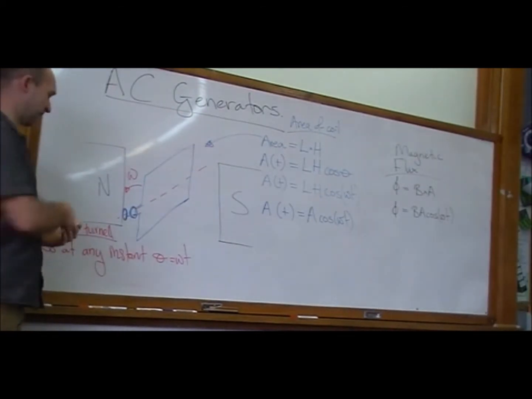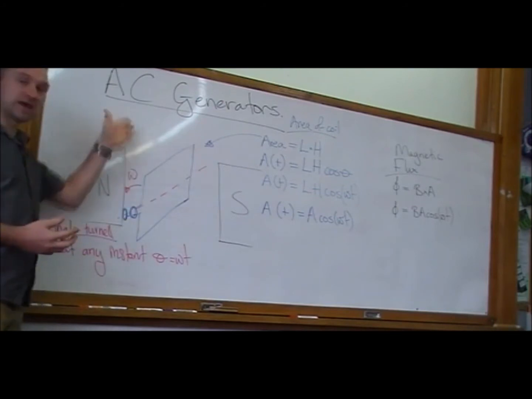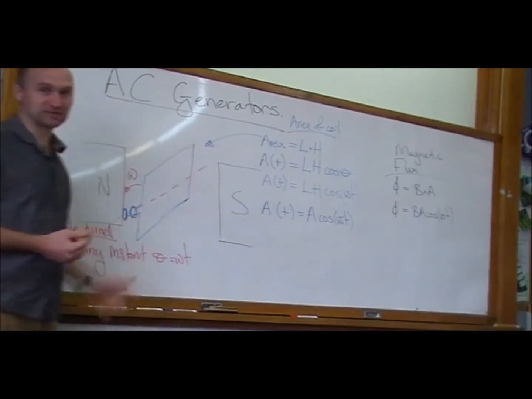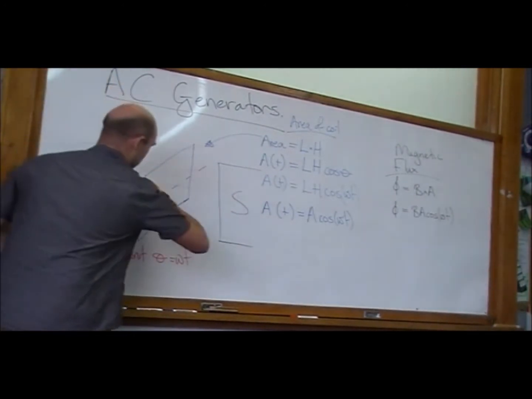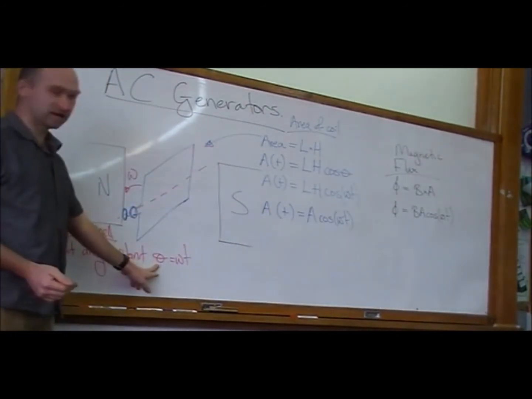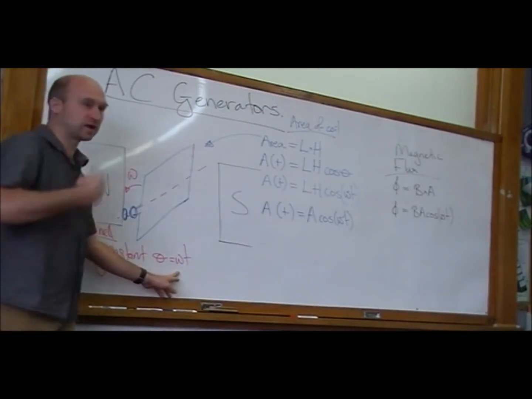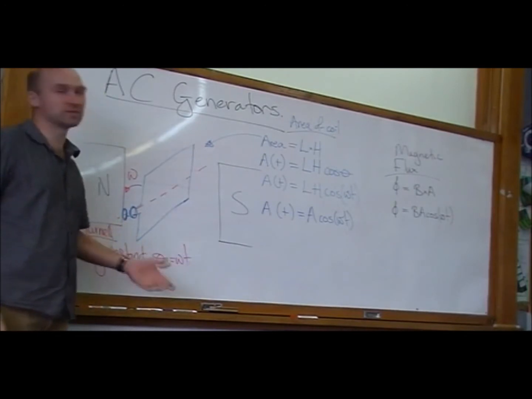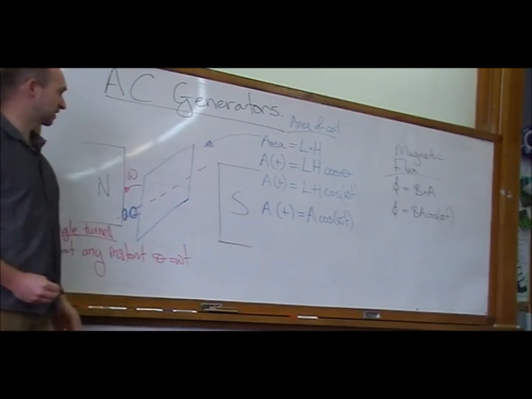And so there's a couple of quantities we're going to think about. Starting from that vertical position where the magnetic flux through that coil is maximum, the angle that our coil of wire has rotated, theta, is just equal to omega t, where omega is the rate of rotation and t is the amount of time it's been rotating for, assuming that our generator is rotated at a constant angular velocity.